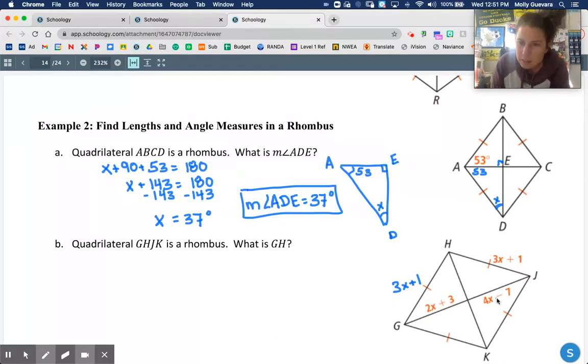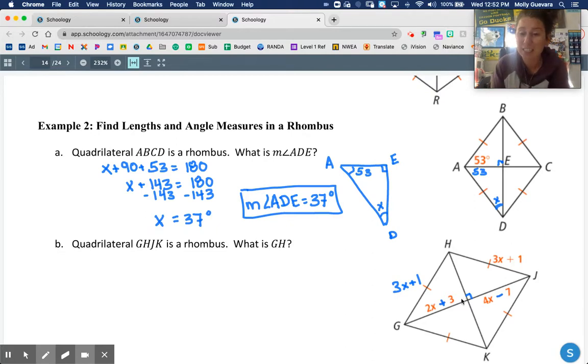And this is really hard to tell in your notes, so hopefully you see that's 4x minus 7, and this is 2x plus 3. Okay, so the other thing about our rhombus here is that my diagonals are perpendicular, and they cut each other in half. They bisect each other, right?